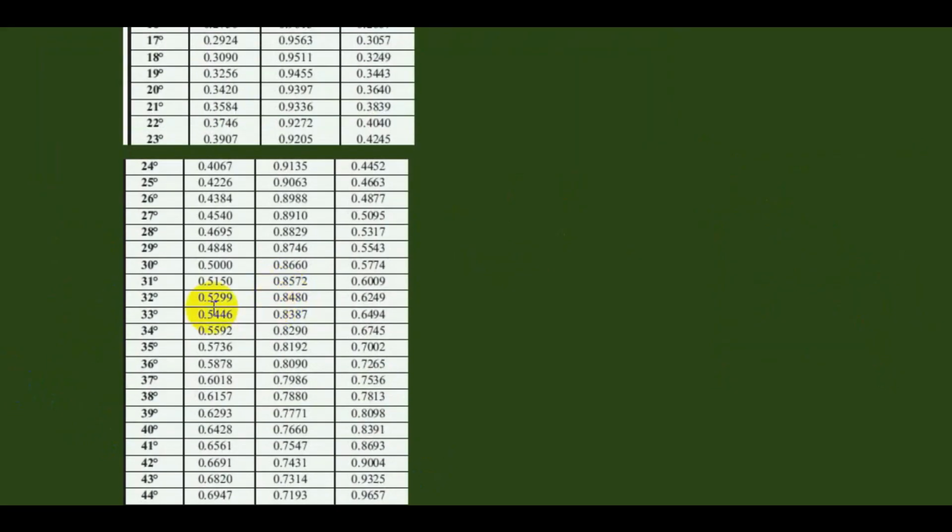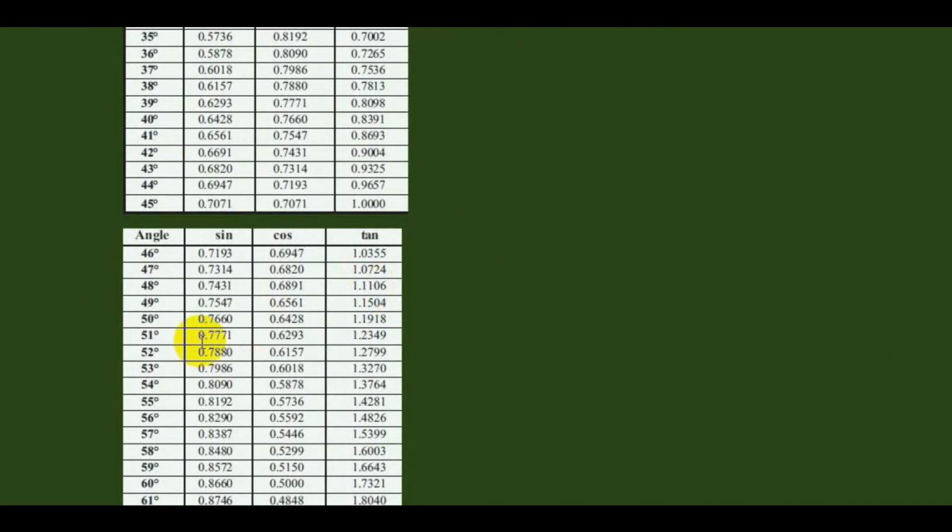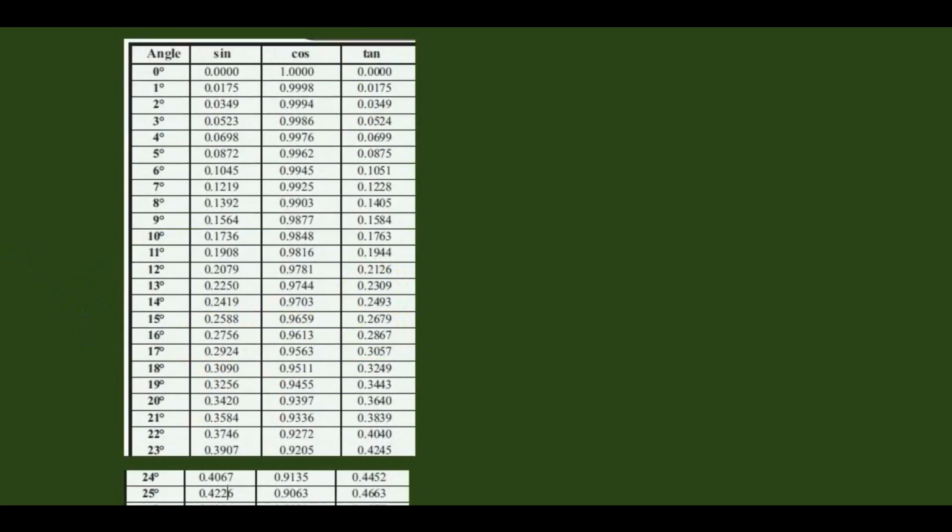Look at the table. Tan 30 degree is 0.5774. Let us take 0.57. Now tan 50 is 1.1918. 1.19, let us take it as 1.2. 0.57 and 1.2.